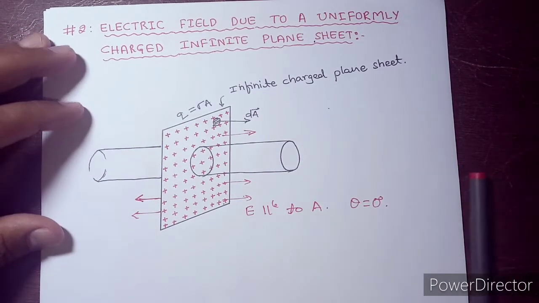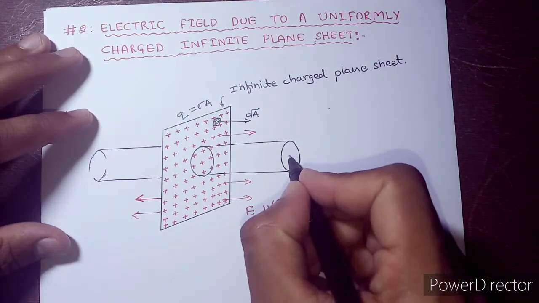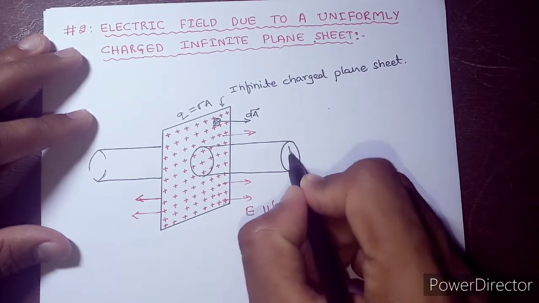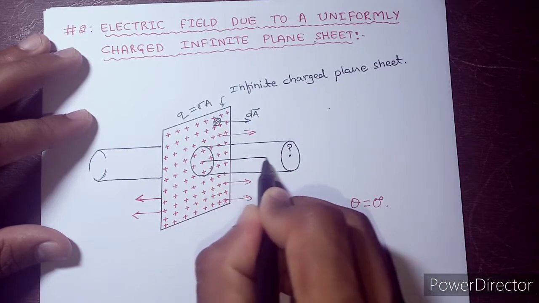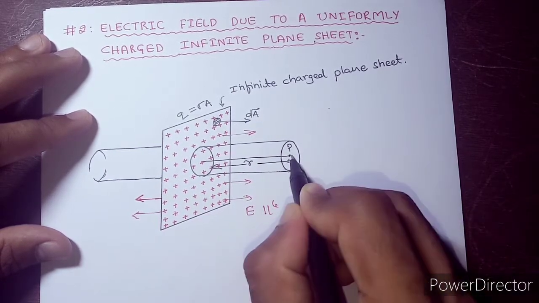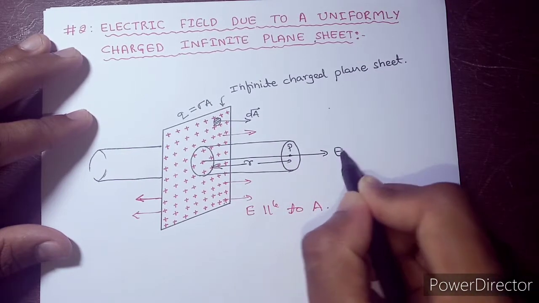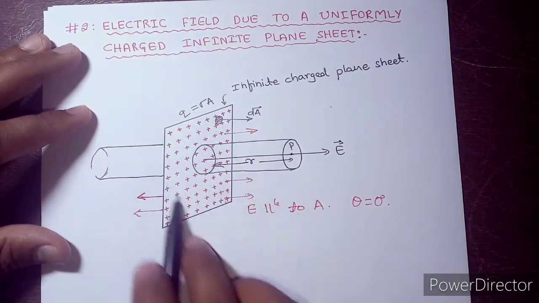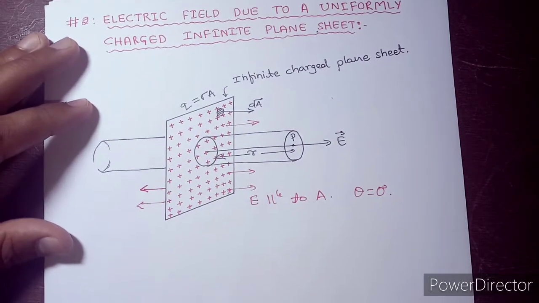Okay, so now I need to find out the electric field at this particular point P, which is at a distance R from this surface. So the electric field here will be radially outwards because I have considered positive charges on this plane sheet.